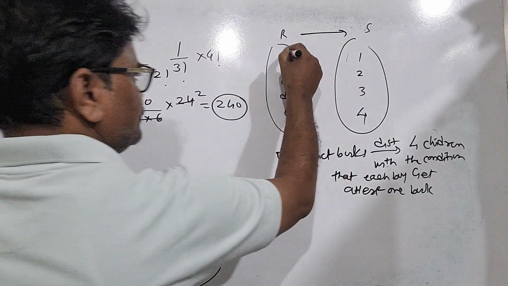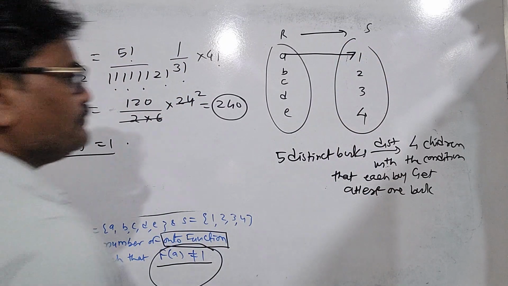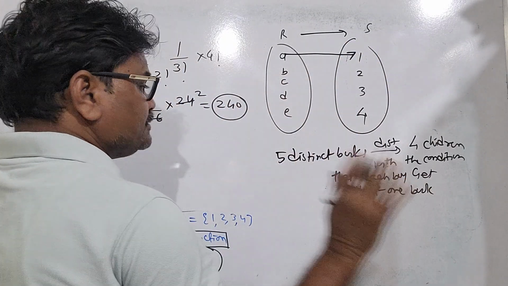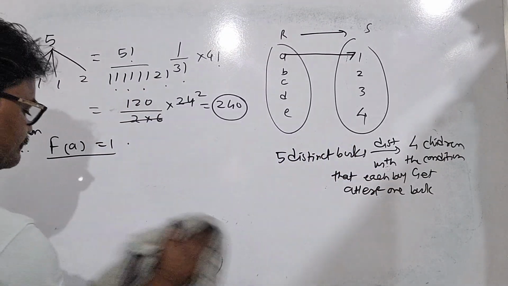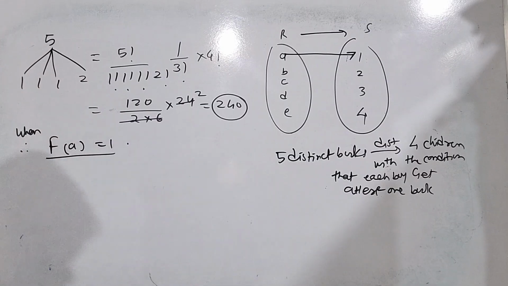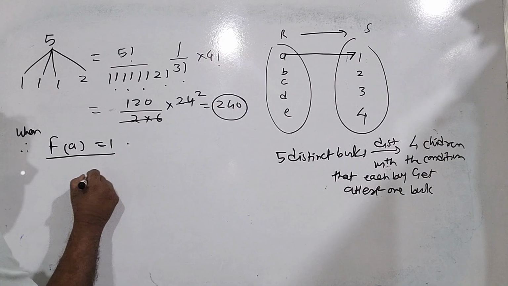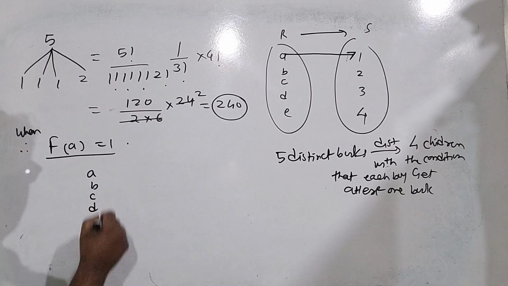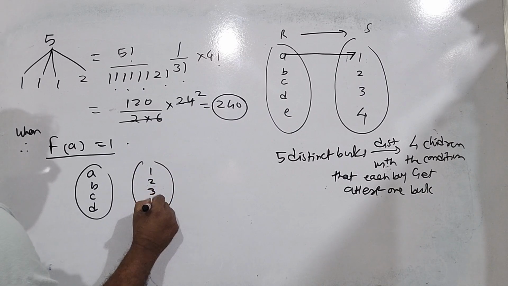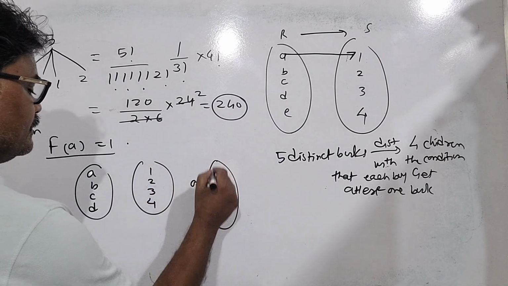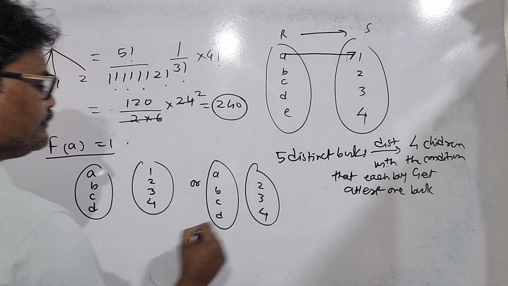So f(a) is going to 1. A is going to 1. Correct. Here comes the important concept. How to distribute B, C, D, E among these 1, 2, 3, 4, or among 2, 3, 4?